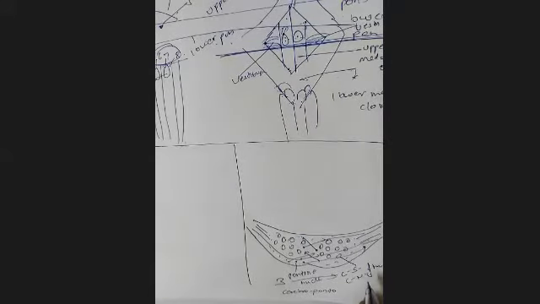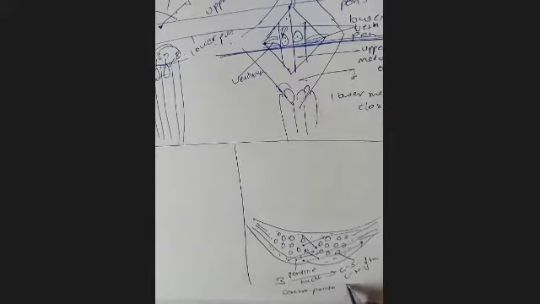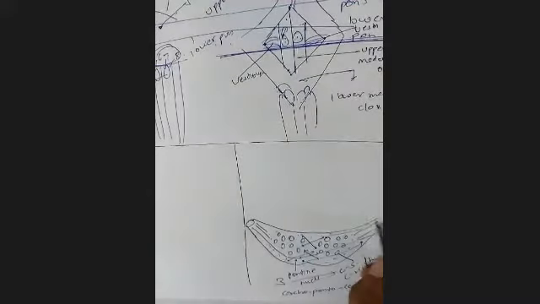So the third thing is cerebropontocerebellar fibers. Okay, this is leading to the middle cerebellar peduncle. So this is the middle cerebellar peduncle.